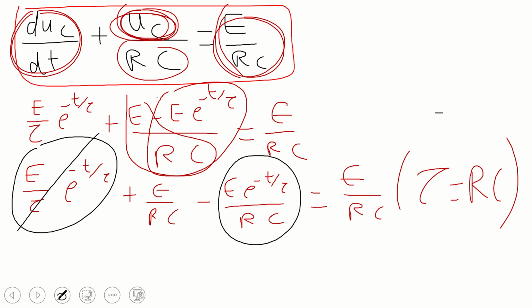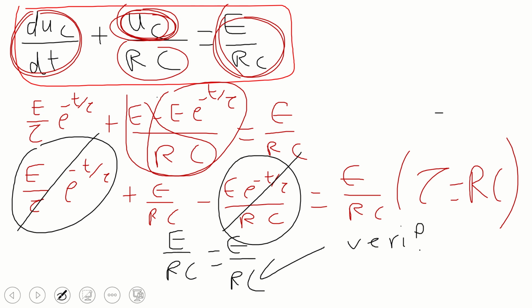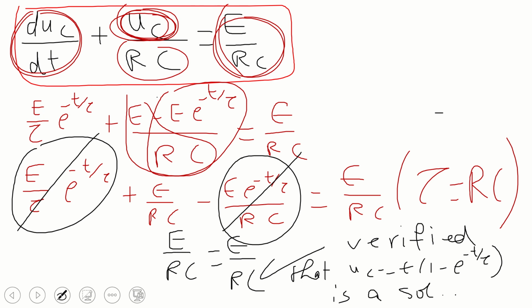So this one minus this one equals 0. What do you obtain? E over RC equals E over RC. That is right. So it is verified that UC equals E times 1 minus exponential minus t over tau is a solution for the differential equation.